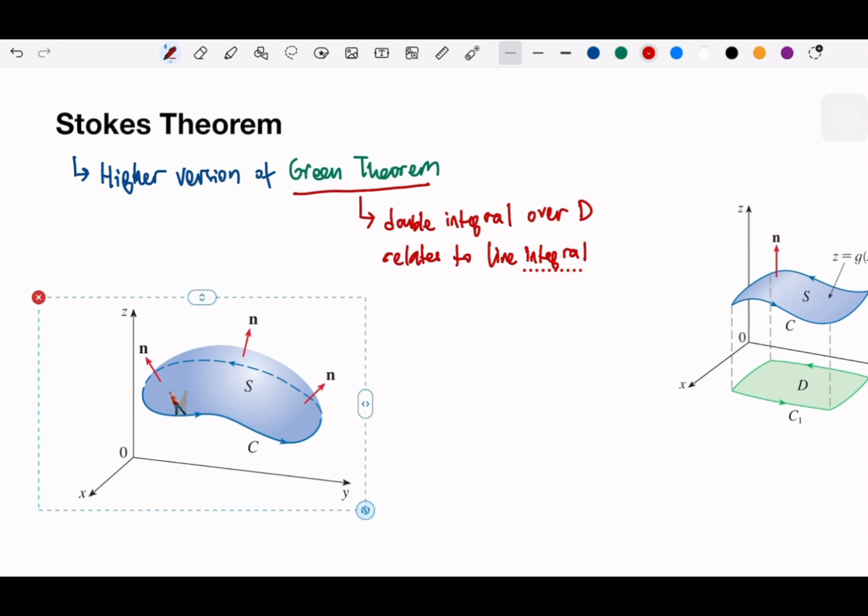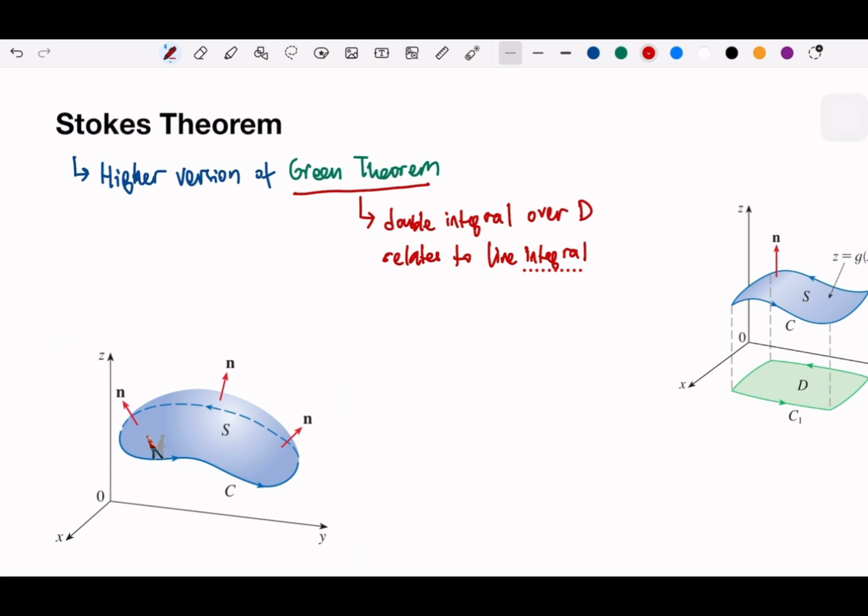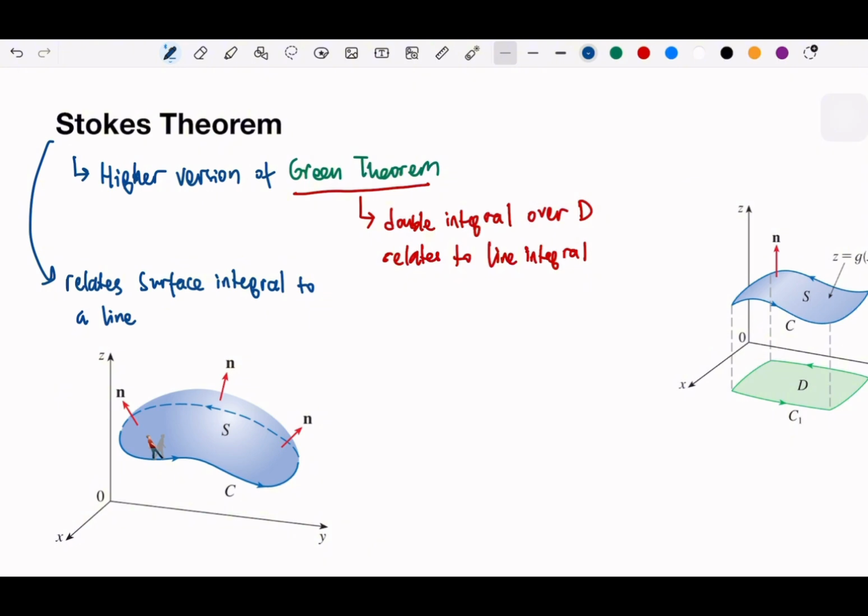So the Stokes theorem basically relates the surface integral to a line integral.